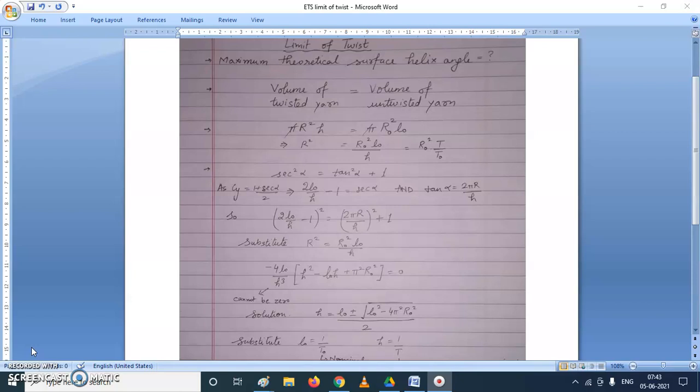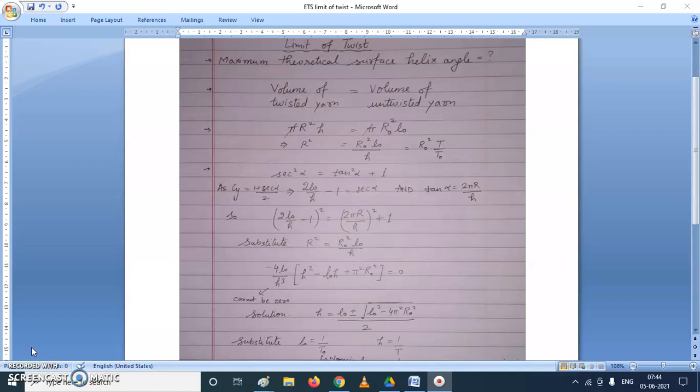Okay. Now we'll start from here, where we'll consider that packing density remains constant when we twist a yarn. So the volume of both the cylinders will remain constant. So we can say volume of twisted yarn will be equal to volume of untwisted yarn.